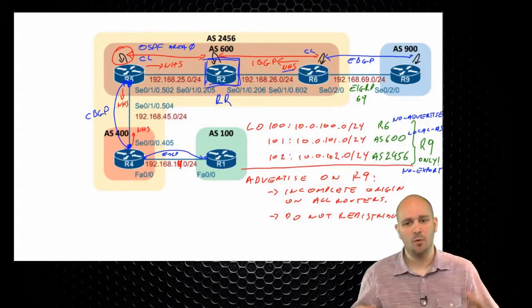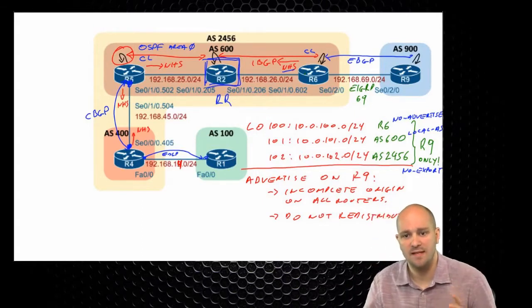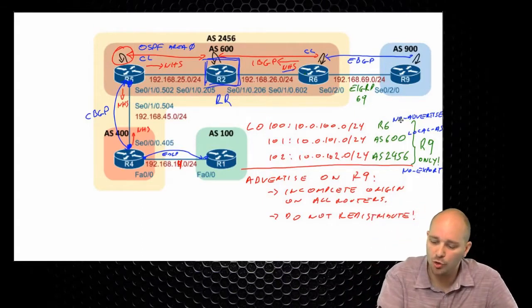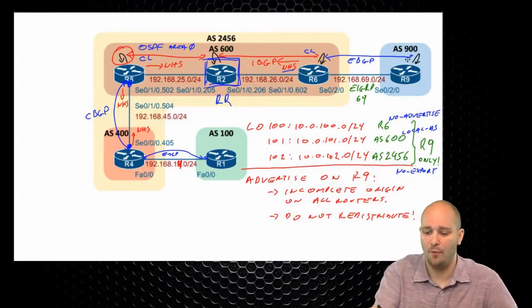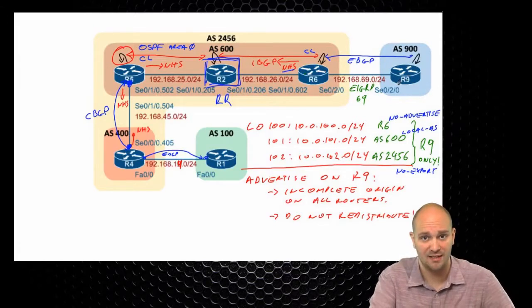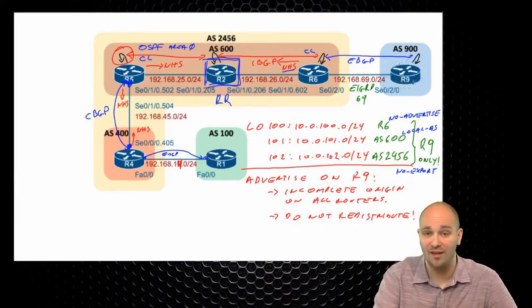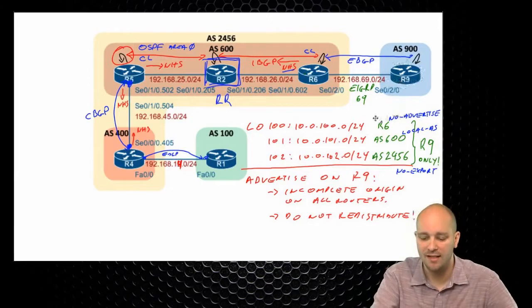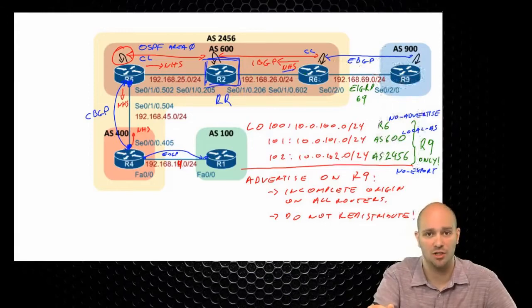But again, the question is, where do we actually apply these communities? Where are we going to use the route map that is going to set this community? Now, if we use this route map on R9, on the network statements that actually inject these routes in BGP, we are going to have a problem, because then R9 will have in its own BGP table these three routes with no-advertise, local-AS and no-export communities, which means none of them will actually be advertised to R6.